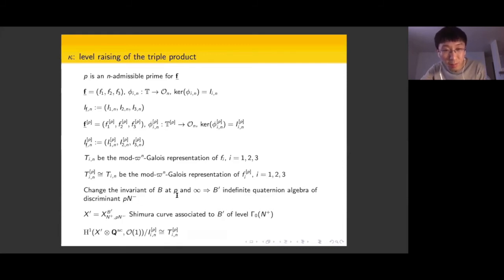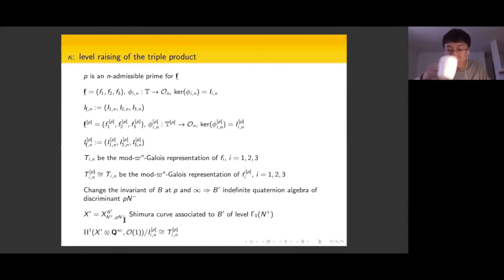But since you cannot change just one invariant of a quaternion algebra to get another quaternion algebra, you also have to find another place and change the invariant. When you switch the invariant, you get an indefinite quaternion algebra of discriminant Pn^-. And this level raised Galois representation will be realized on the Shimura curve associated to this indefinite quaternion algebra, which I will denote by X prime.